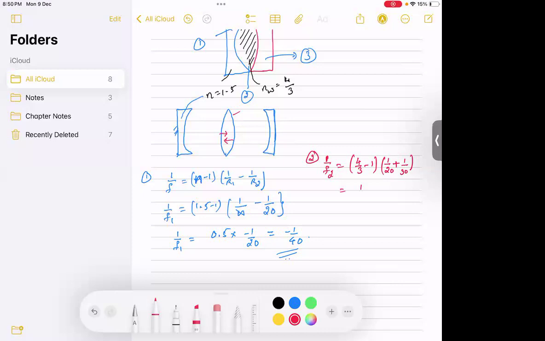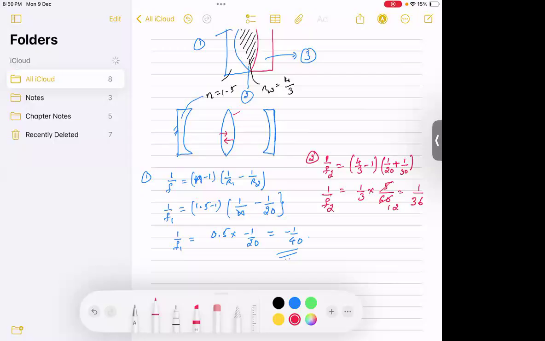This will be 1 by 3 into, LCM will be 60. So it will become 3 plus 2, so 3 plus 2 means 5. So 5 ones are 5, 12s are 60. So 1 by 12. What's the focal length of the second lens, 1 by f2? It is 1 by 36.